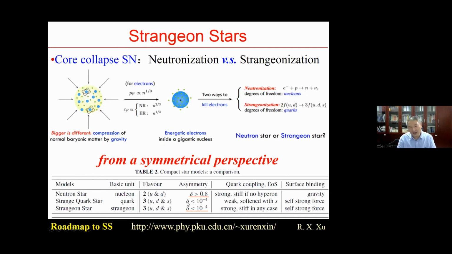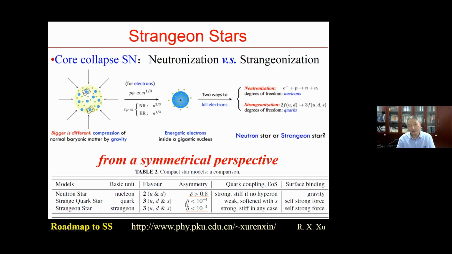So this delta is calculated as N_u plus N_d minus 2 times N_s, divided by N_u plus N_d plus 2 N_s.